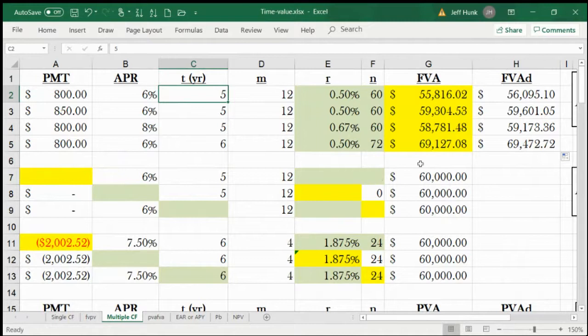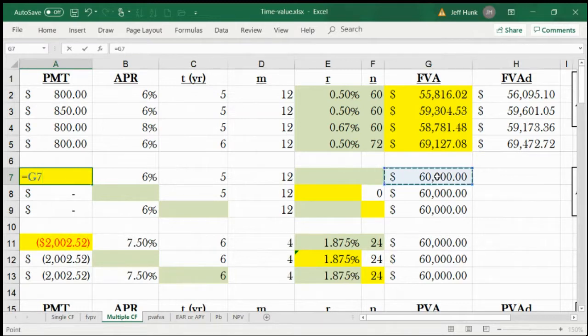So here, same scenario, and now this time your target future value is known. It's no longer unknown, right? Our target future value is known, 60K. So this time, payment is the unknown. So using that formula, solving for payment, which is FVA times R. That should be filled in, but I forgot to fill it in first.